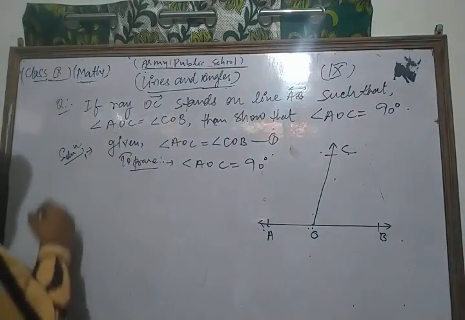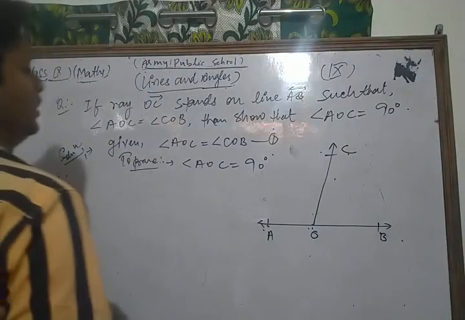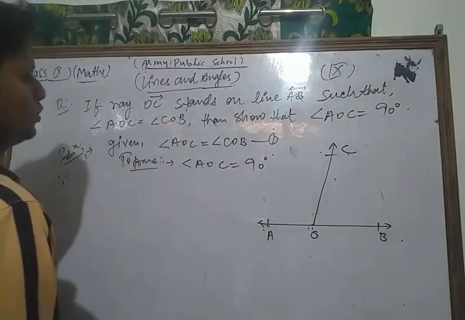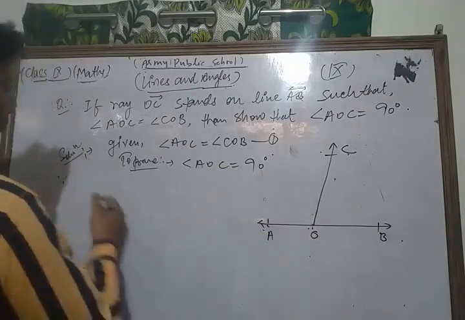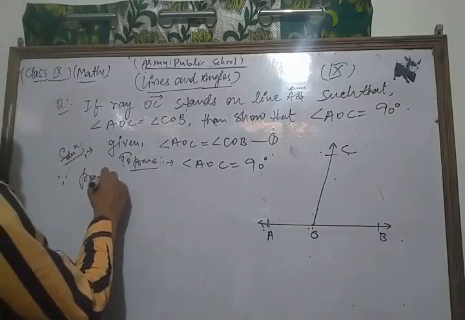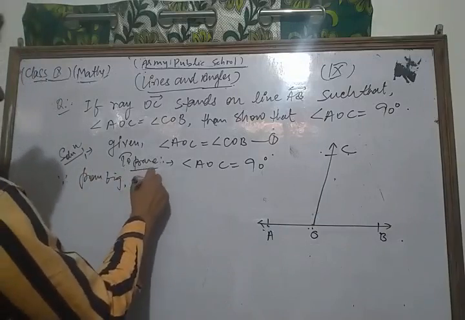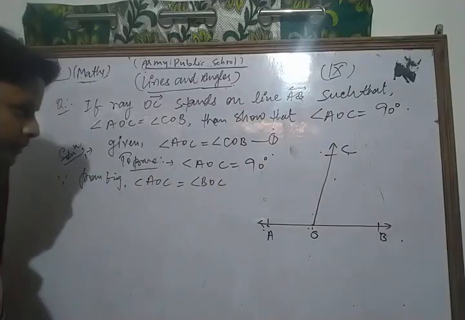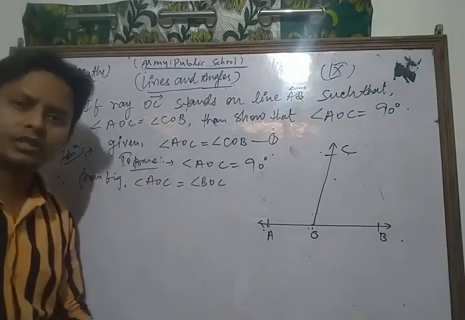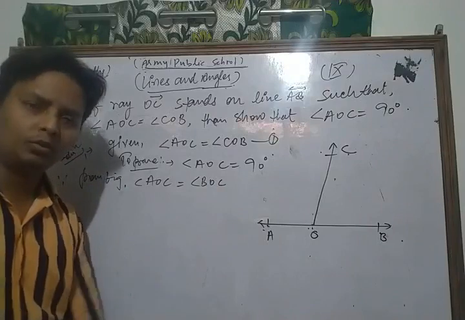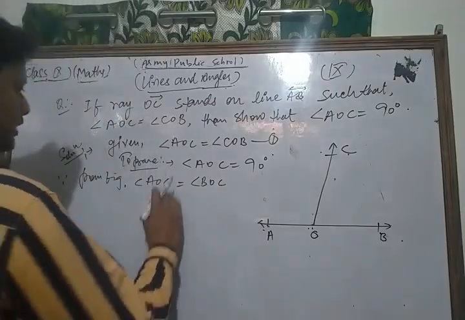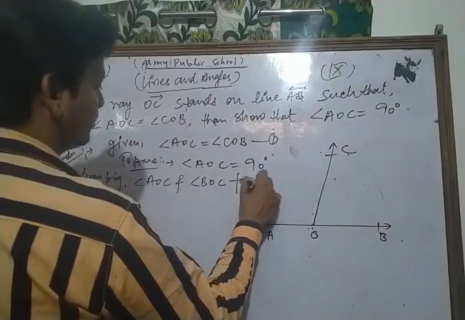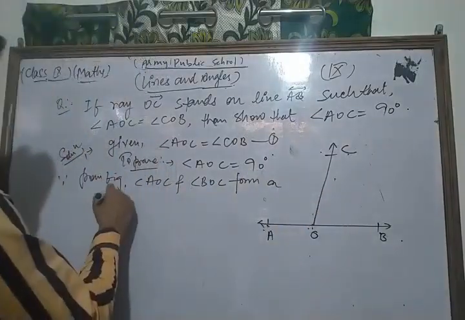Since ray OC stands on line AB such that angle AOC is equal to angle COB, from the figure angle AOC and angle BOC form a linear pair.